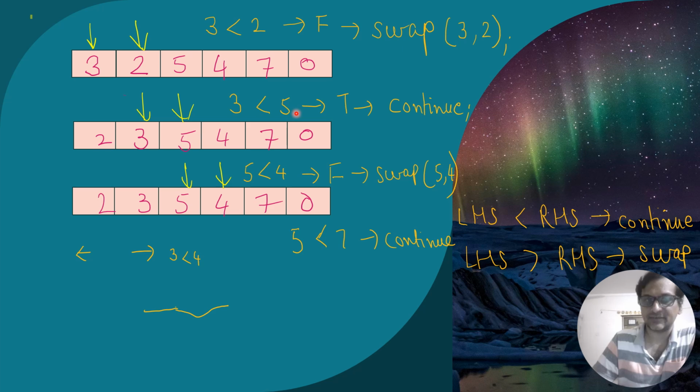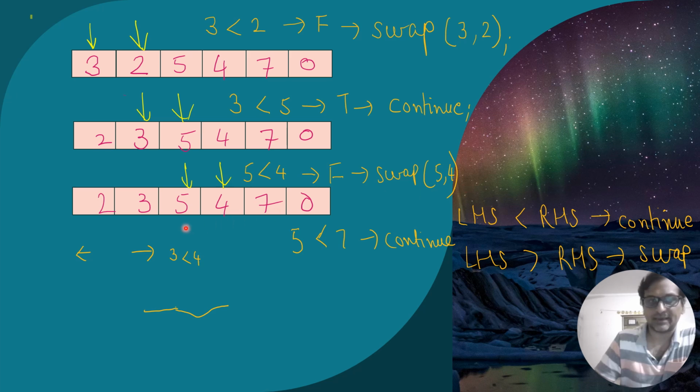3 is less than 5, the condition is true, and we just continue, which means both the pointers move by a position of 1. They now point to 5 and 4 respectively. Is 5 less than 4? The answer is false, because 5 is indeed greater than 4, and we swap 5 and 4.